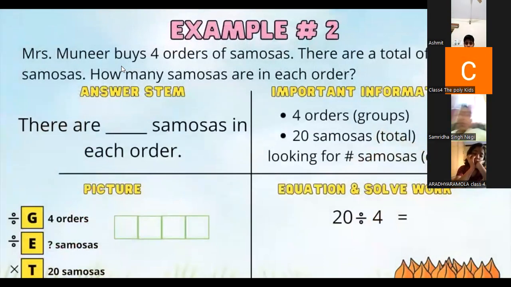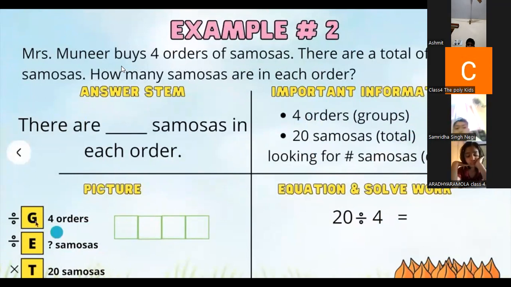Let's go ahead and solve the problem using a problem-solving model. My answer stem is there are blank samosas in each order. Our facts are there are 4 orders, which is the groups. There's a total of 20 samosas, which is the total. And we are looking for the number of samosas in each order.